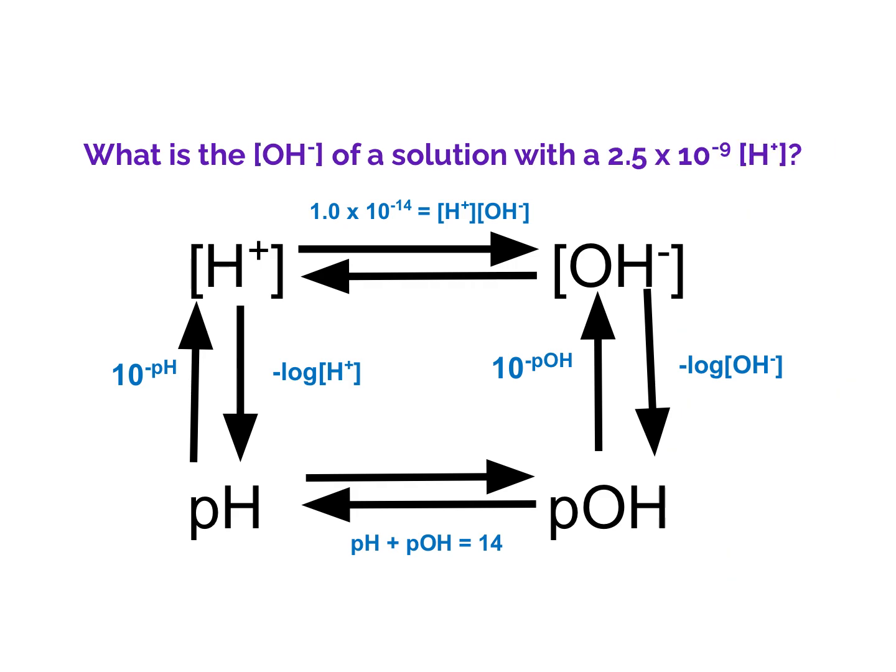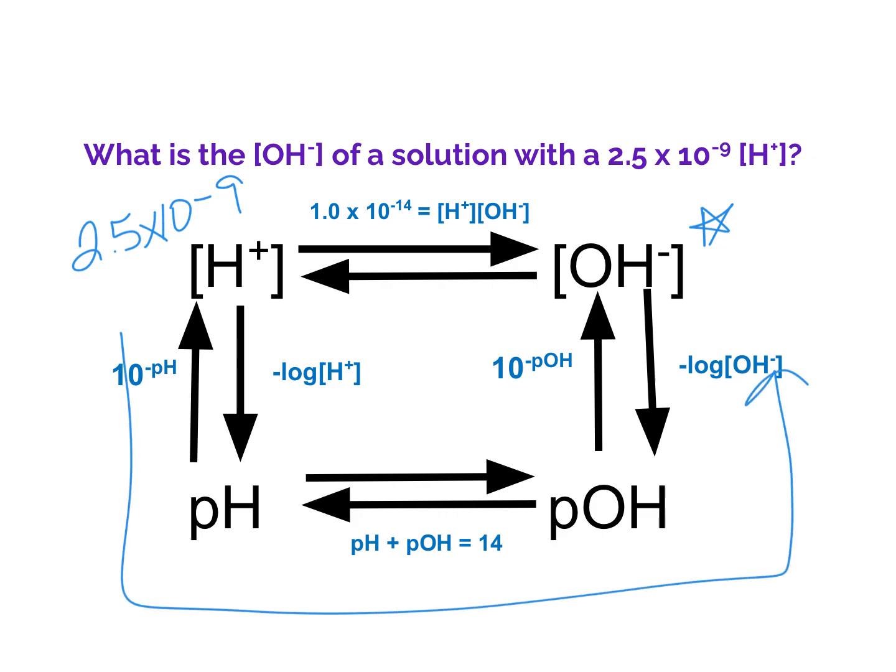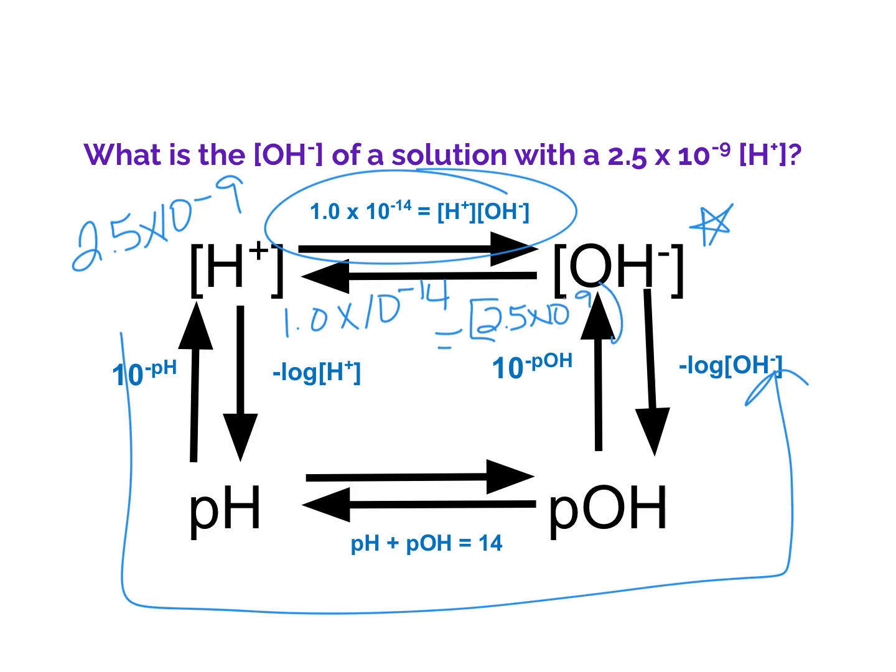For this one, I know my H+ concentration is 2.5 times 10 to the negative 9th, and I want to find my OH concentration. Now, if you wanted to, you could go all the way around, but I probably would recommend using this equation right here. So we have 1.0 times 10 to the negative 14th equal to our concentration of H+, which is 2.5 times 10 to the negative 9th, multiplied by that OH minus.